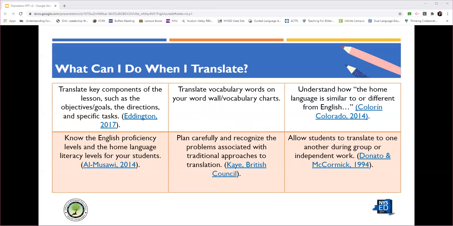You want to allow students to translate to one another during group or independent work, if possible paired with a student that speaks the same language. But the use of translation as a social strategy, using communication as a powerful tool to learn the new language together. It can work in many ways, which they may collectively support each other in learning a new language.